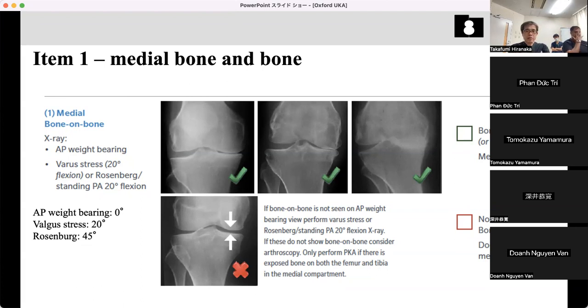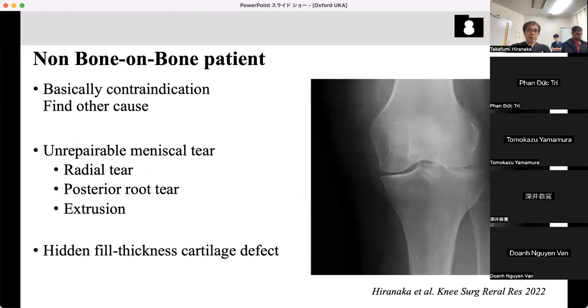Another paper showed that if we do UKA for patients who do not have a bone-on-bone appearance, the outcome is not good. It's poorer than in patients with medial-sided bone-on-bone. Basically, medial side bone-on-bone or lateral side bone-on-bone is mandatory to do UKA.